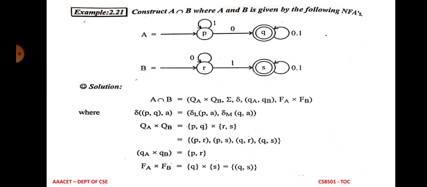The first state is P comma R, the second is P comma S, the third is Q comma R, and the last is Q comma S.